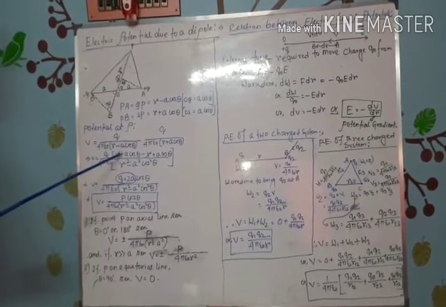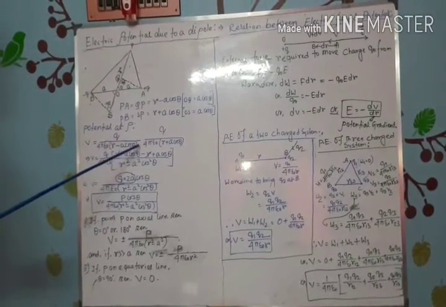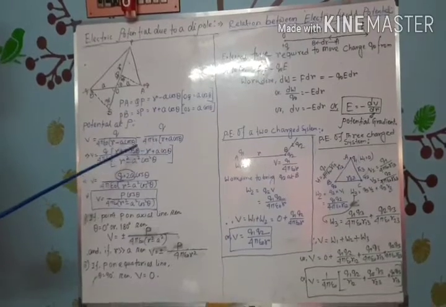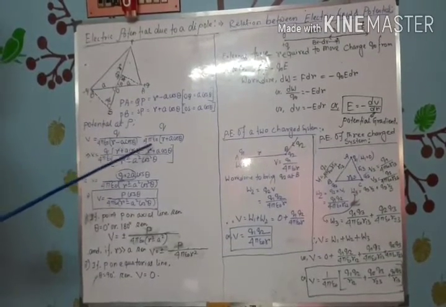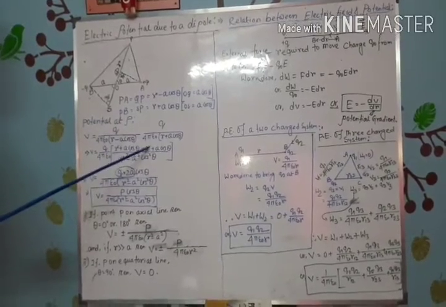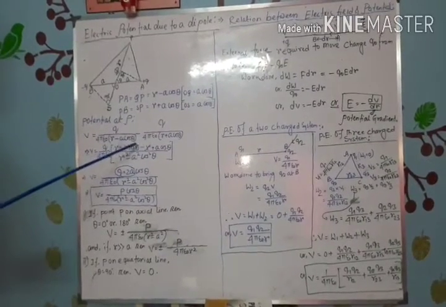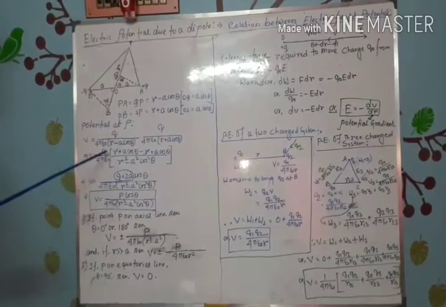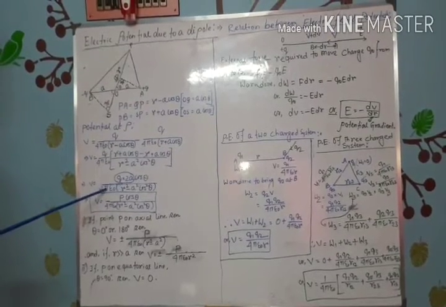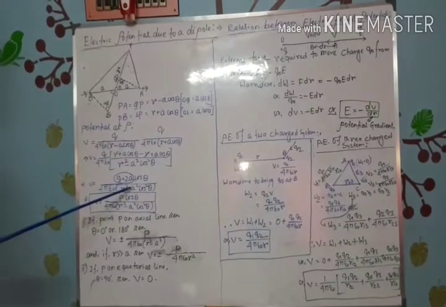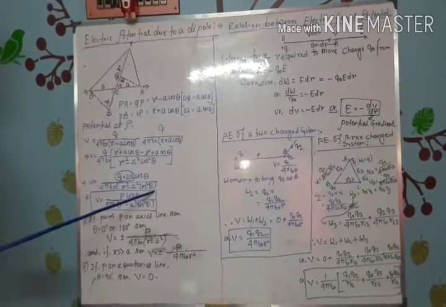So here r plus a cos theta, then minus, and here r minus a cos theta, and this minus becomes plus. So r cancels, a cos theta plus a cos theta, therefore q into 2a cos theta by 4 pi epsilon naught (r square minus a square cos square theta).